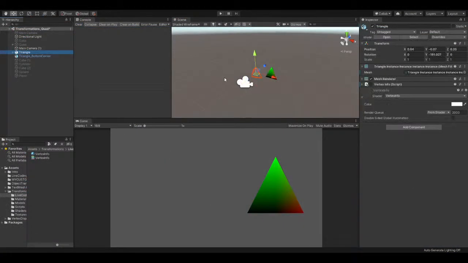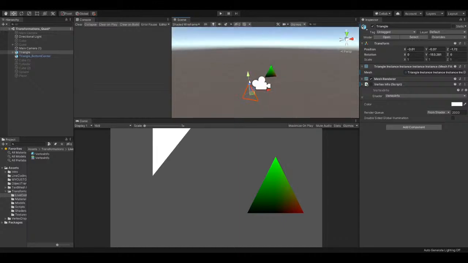Okay, here is your triangle. Gone. Because it's not yet projected on the screen, right? There is no field of view applied to it, no camera clipping applied to it, nothing applied to it, right?